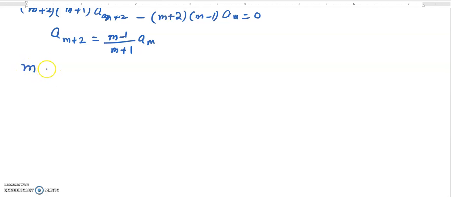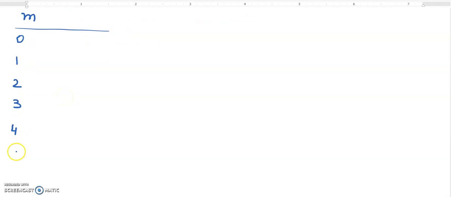If we start from m is equal to 0, in this case we can start from m is equal to 0, because that we will get a naught, and then we will start from a2 actually. So 0, then 1, 2, 3, 4. We can add even more terms, 5, 6.